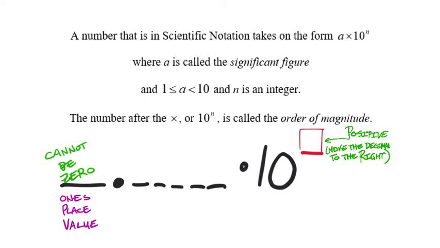If that exponent is positive, you move the decimal to the right. If it were negative, I don't know, maybe I should put a question mark after that. If it is negative, then you move the decimal to the left.